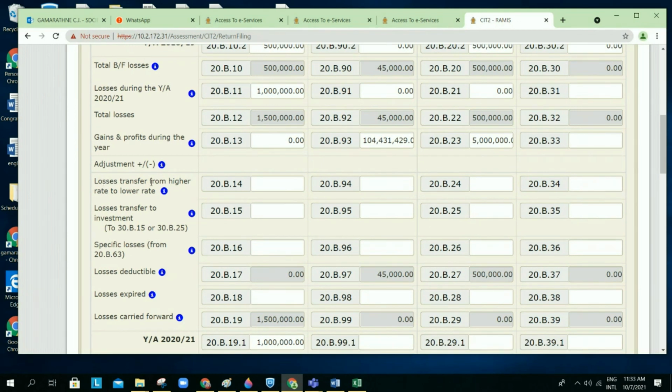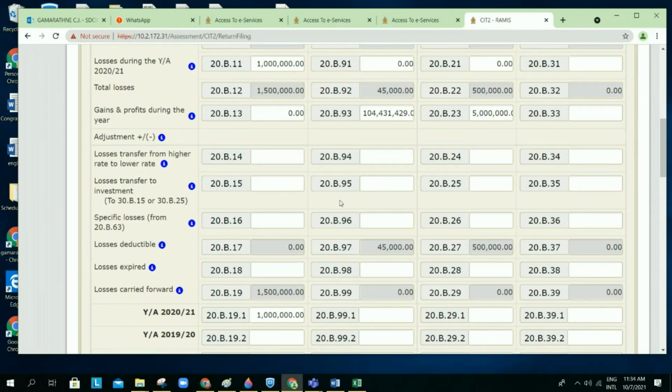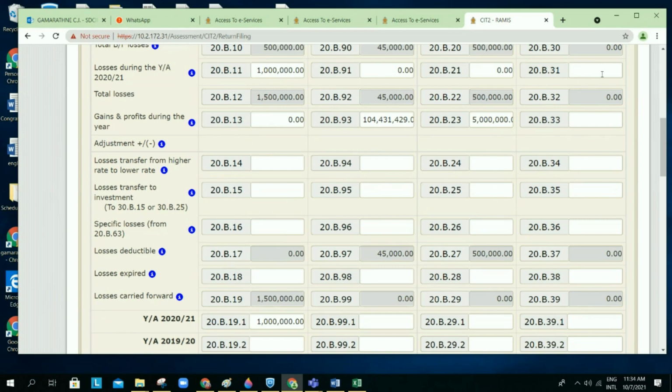Then this is the adjustment. Adjustment means if you have some losses, we can move them, as I have already described, from a lower rate to lower rate profit, and also we can claim business losses from investment profit. Then we have provided this adjustment here.